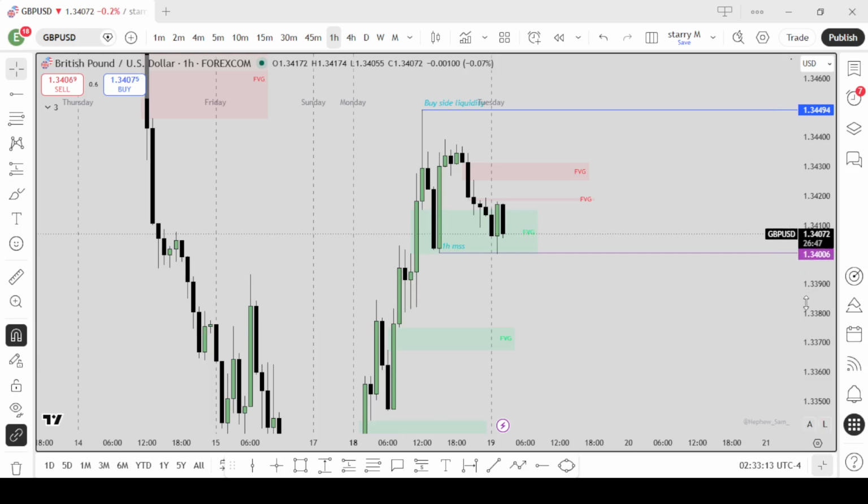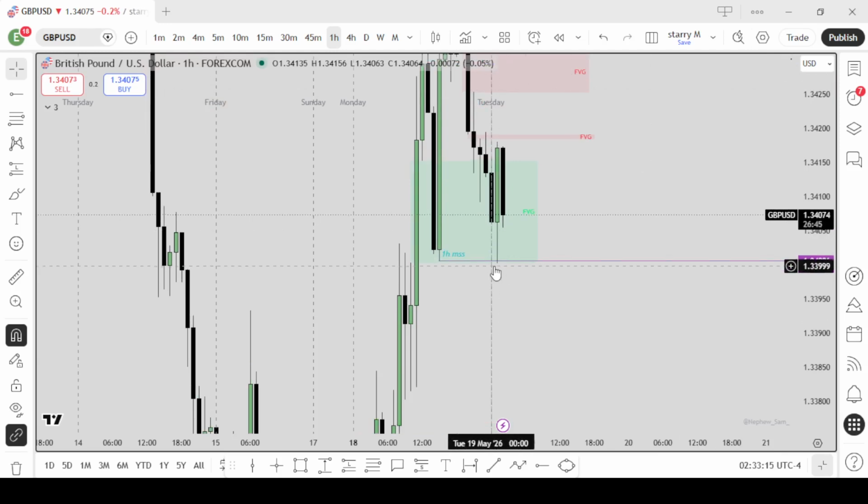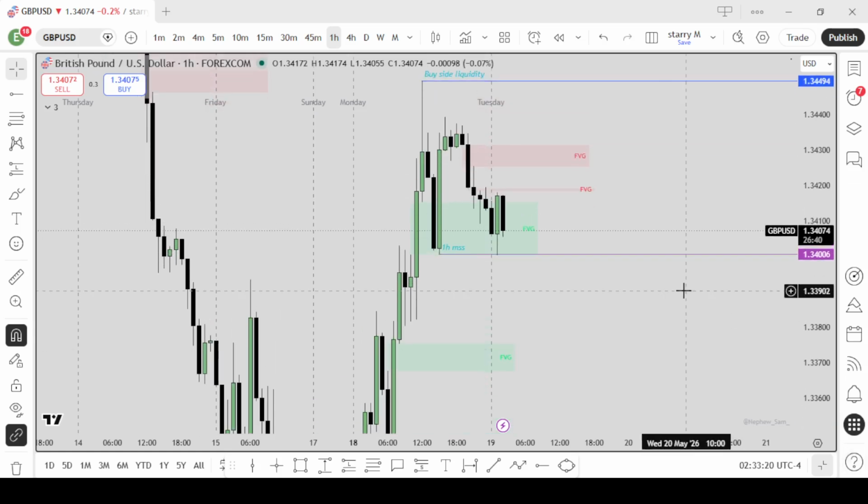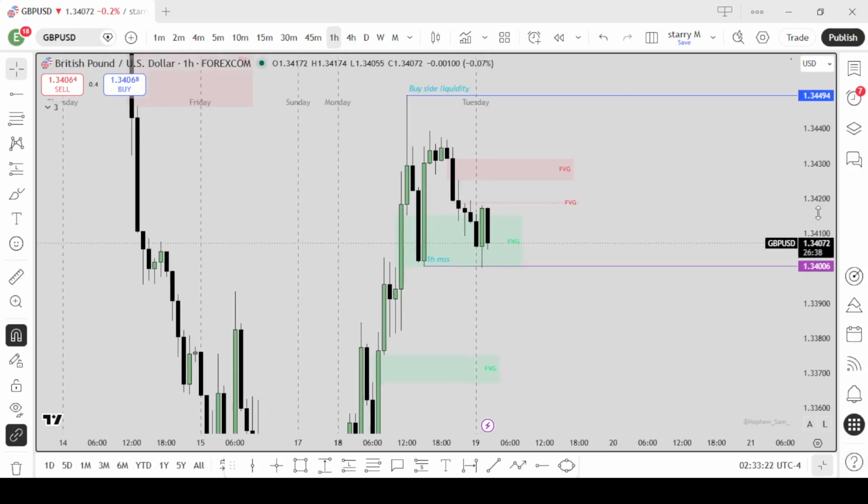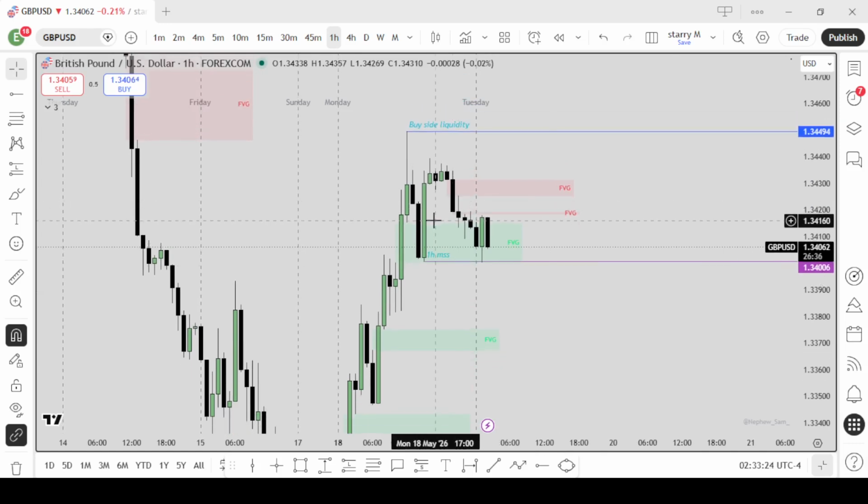I don't like zooming out to see whether price has gone below or not. Anyway, this is our current range. This is our current low, and if we are bullish, we don't want this low to be violated. If it gets violated, we start looking for sales.